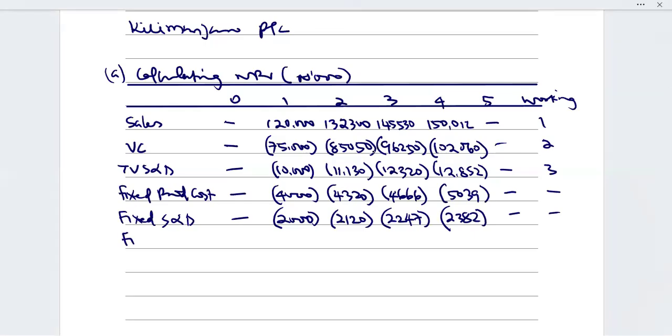Fixed admin: $1 million multiplied by 1.05 gives 1050, multiplied by 1.05 gives 1103, multiplied by 1.05 gives 1158.